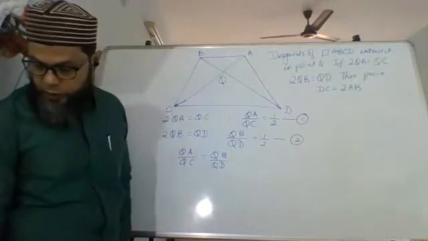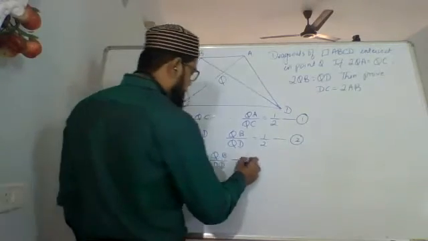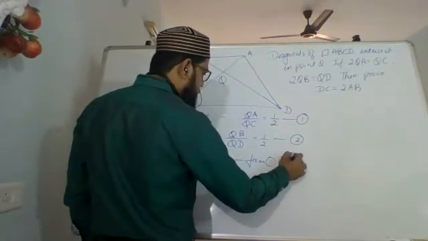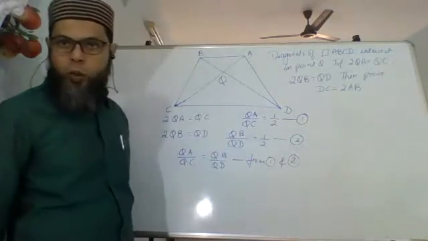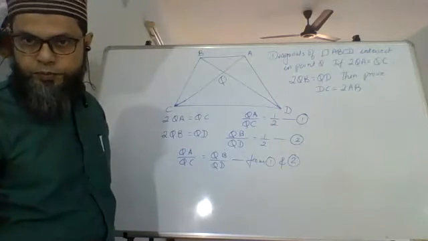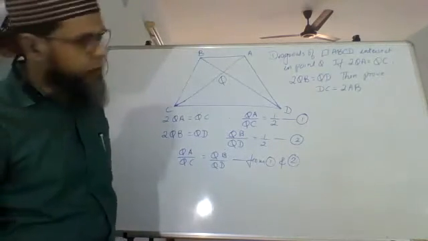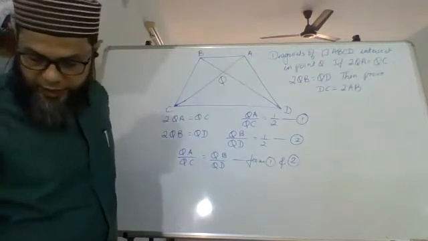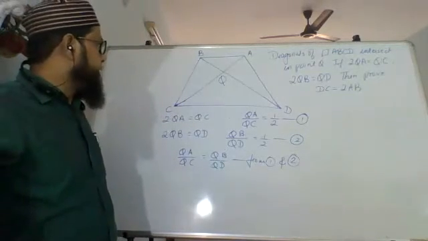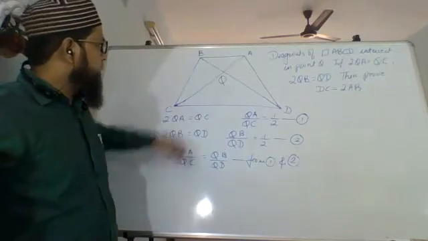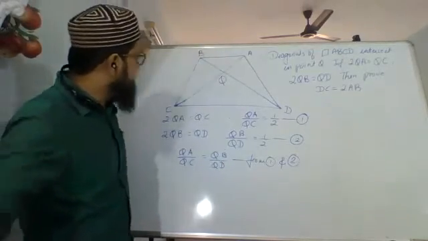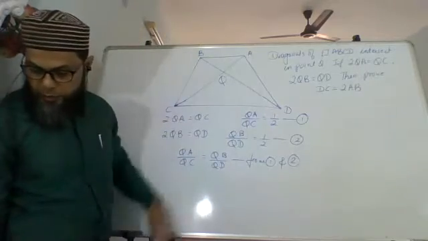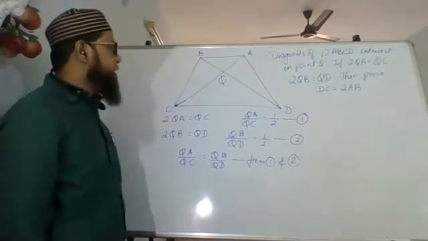Now look at triangle AQB, that is this smaller triangle, and the triangle below it, that is CQD.